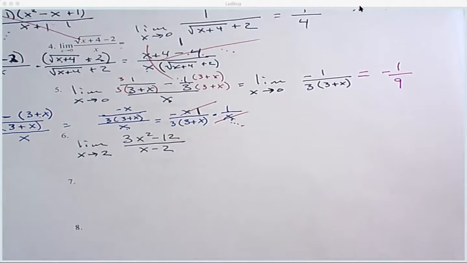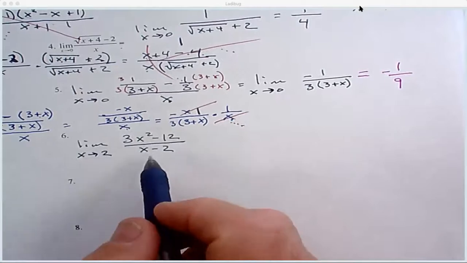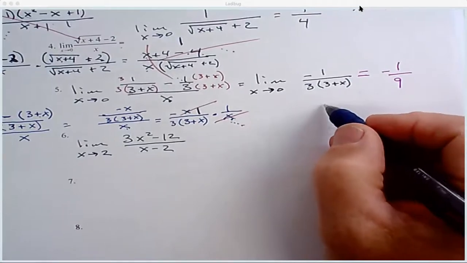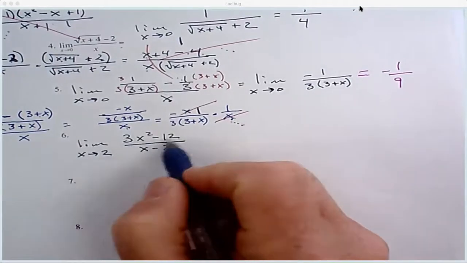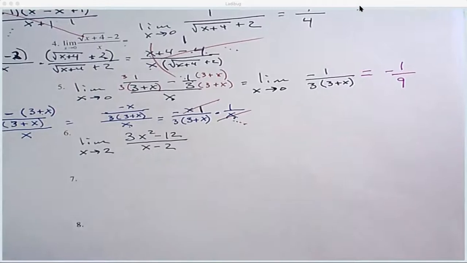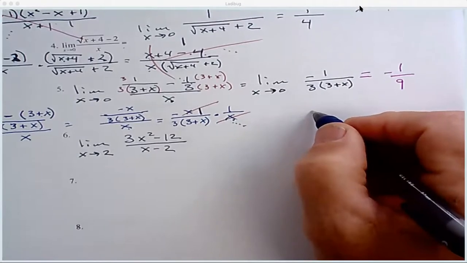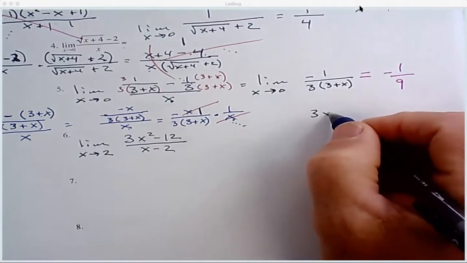Factor. Okay, factor because I can't substitute, correct? Sure. Okay, so how would you go about factoring 3x squared minus 12? I'd put 3x in one parentheses and then just x in the other one.